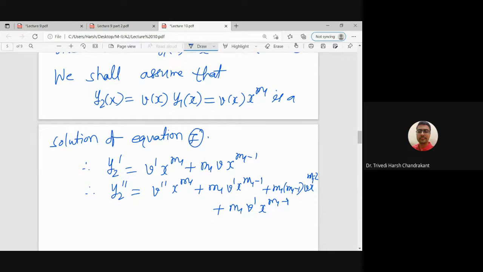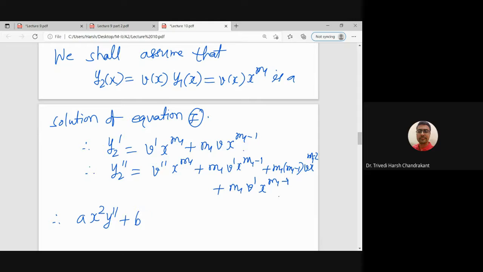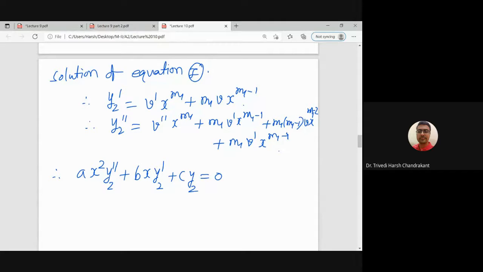Okay, now let us substitute the values of y2 double dash, y2 dash, and y2 in the given equation. The equation is a x square y2 double dash plus bx y dash plus cy equal to 0, and we are assuming y2 is a solution, which means y2 satisfies this equation. Let us write this down again.